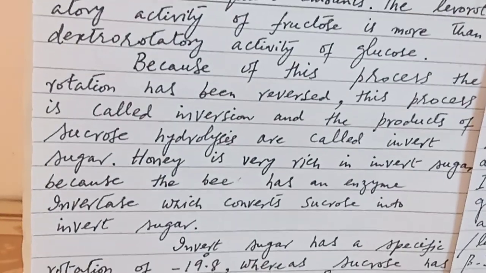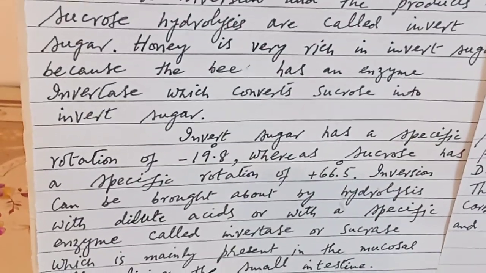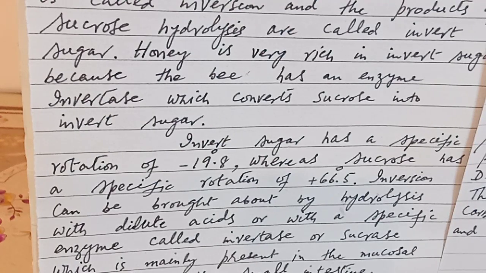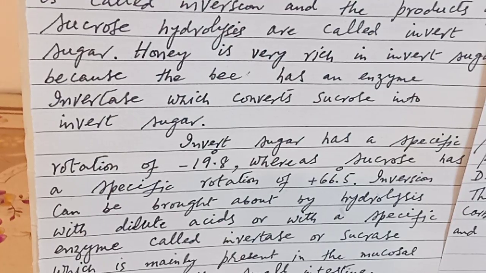Invert sugar has a specific rotation of minus 19.8 degrees, whereas sucrose has a specific rotation of plus 66.5 degrees.